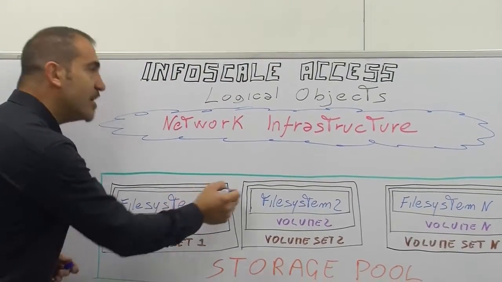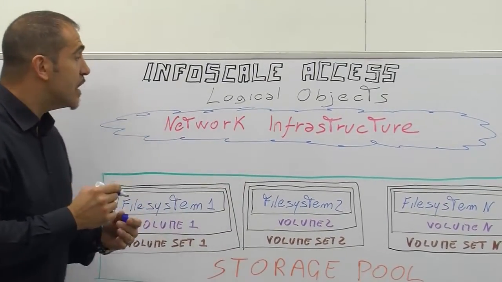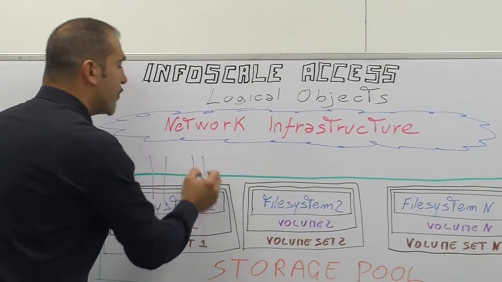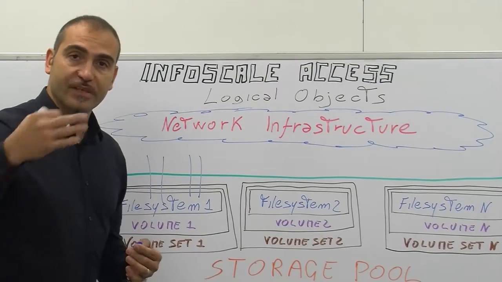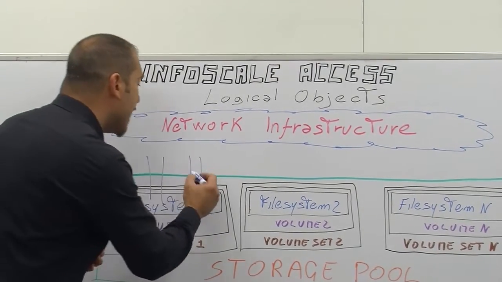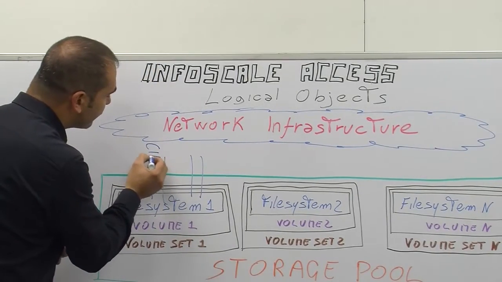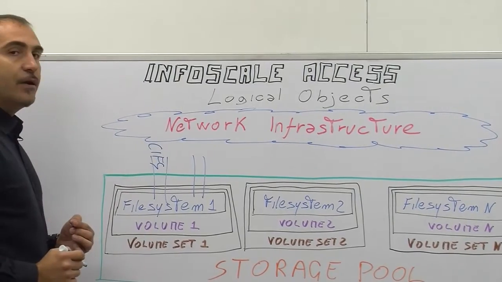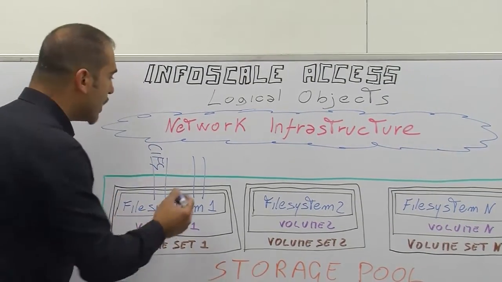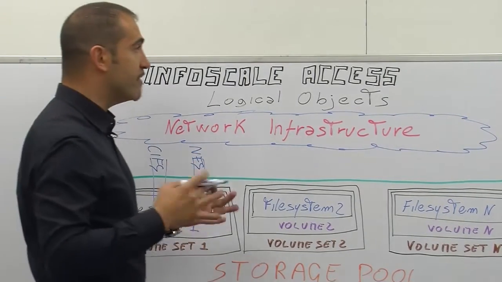Now that we have the file systems, it doesn't matter if they have two tiers or only one tier, you can create shares. You can create more shares in the same file system or just one share. And in some cases, you can even have multi-protocol shares. For example, you can create a CIFS share to connect Windows devices with Samba 2 or 3. You can create NFS shares, version 3 and version 4.